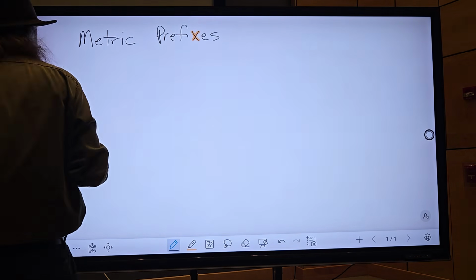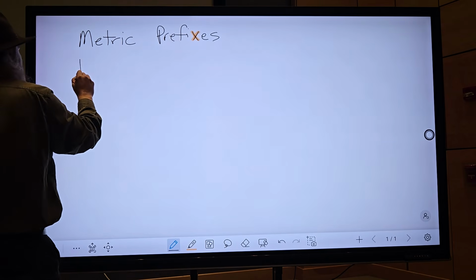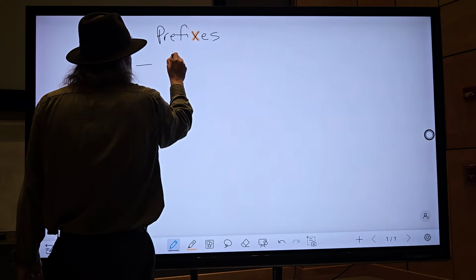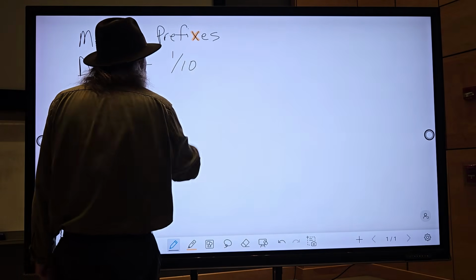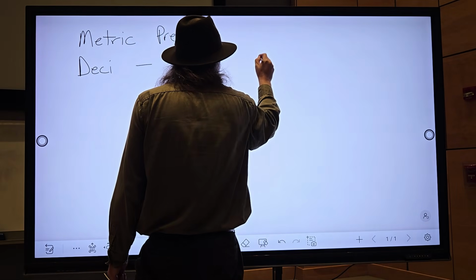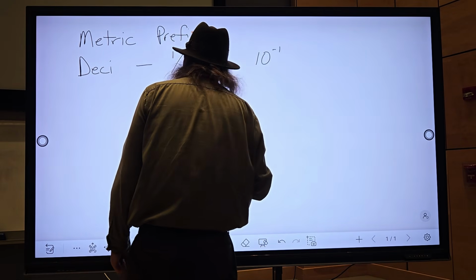All right, we'll start with the small ones. Deci, 1/10, 10 to the -1.